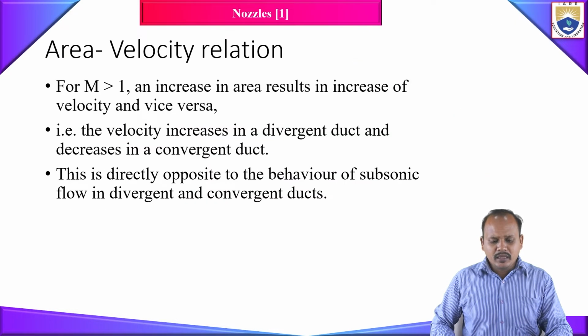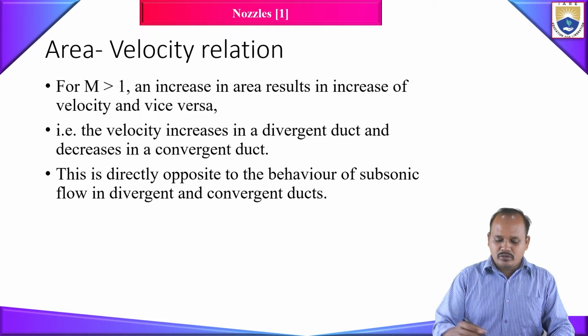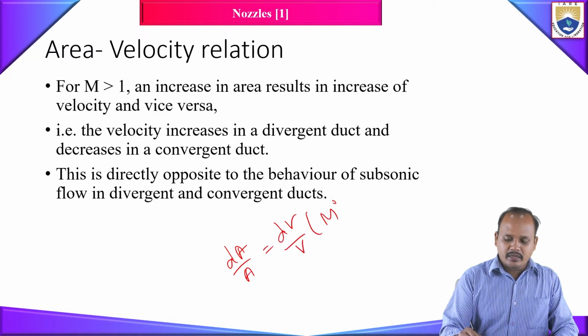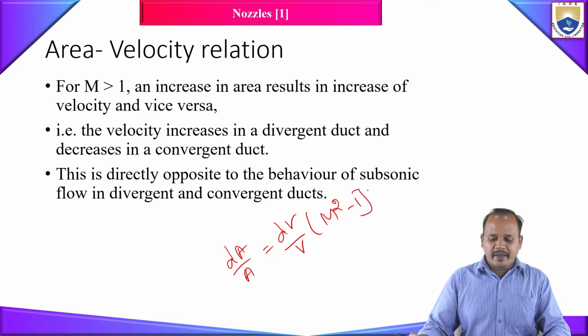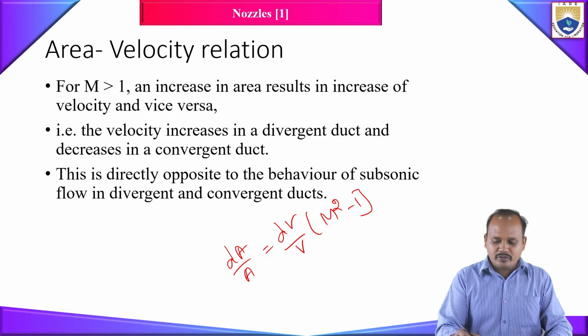Now, let's take Mach number greater than 1. So we have dA by A is equal to dV by V into (M square minus 1). Okay, so what is this, M greater than 1? Basically, it is a supersonic flow. Okay, for supersonic flow, M greater than 1 means this is positive.